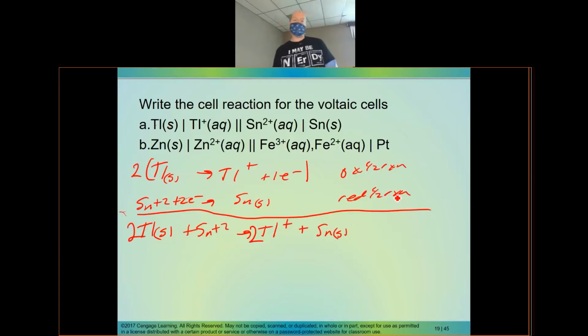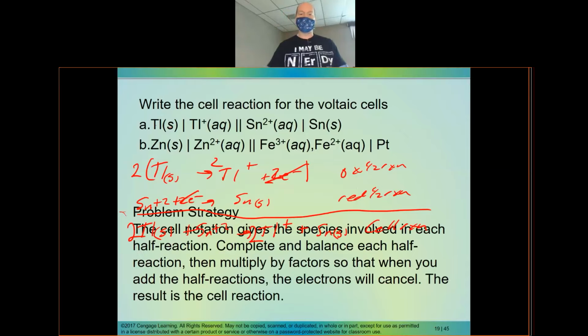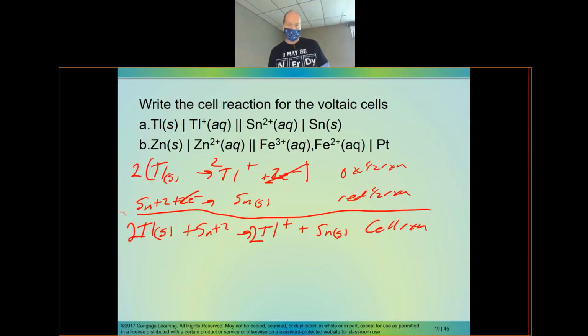You had to multiply through by 2, so you have a 2 here and a 2 here. The 2 electrons are gone. The electrons must cancel out before you add up your 2 half reactions. When you add up your oxidation and your reduction half reactions, you get your cell reaction.